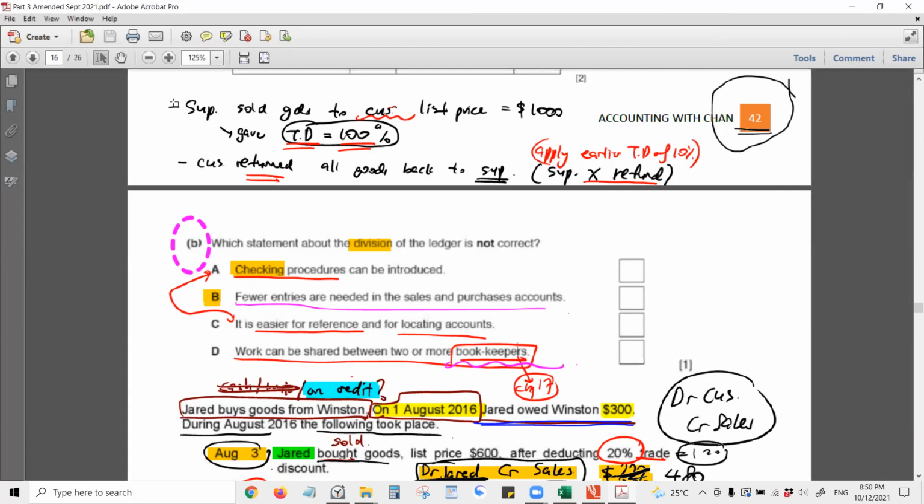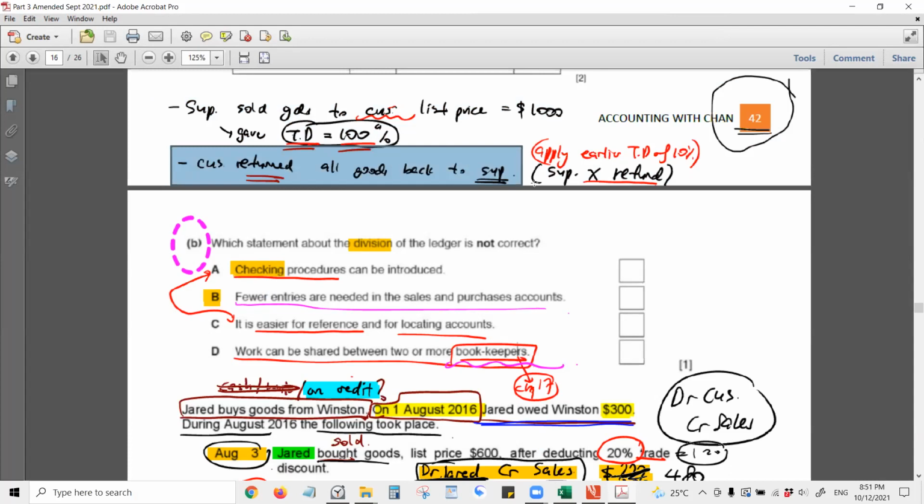Initially, we sell goods and then we give the customer 100% trade discount. Remember that example? With the trade discount of 100%, it means that customers don't have to pay, right? Few days later, the customer returns all the goods back to us.